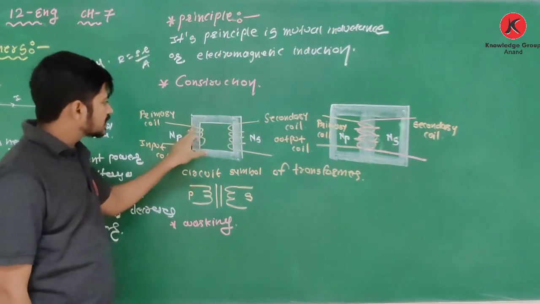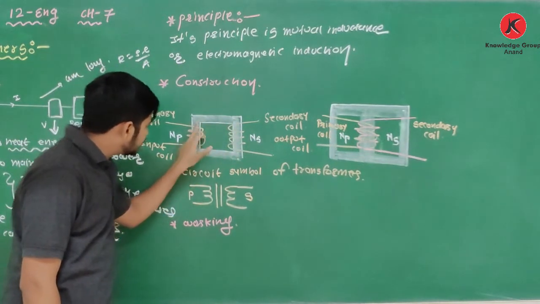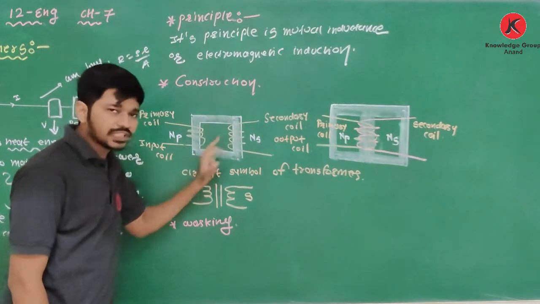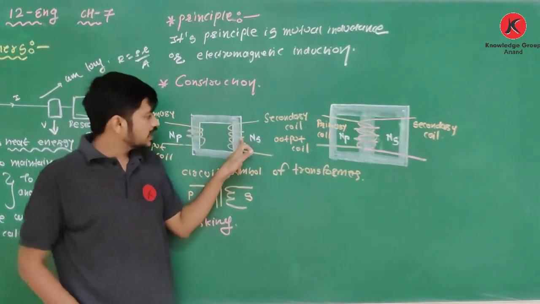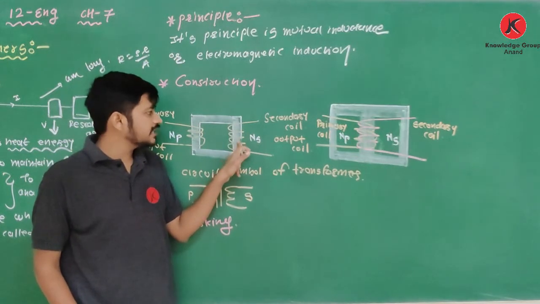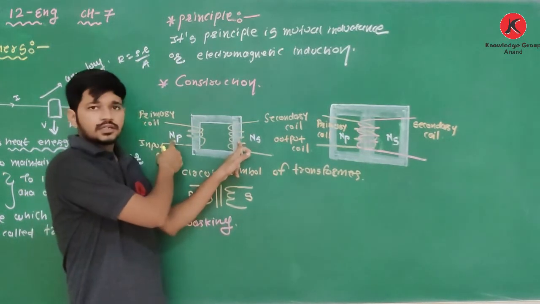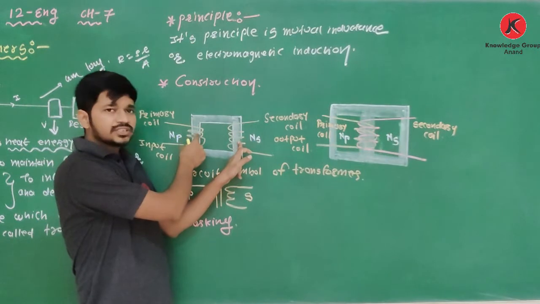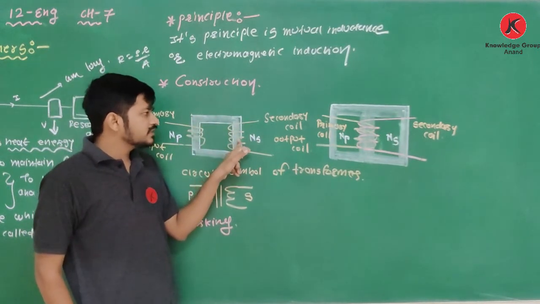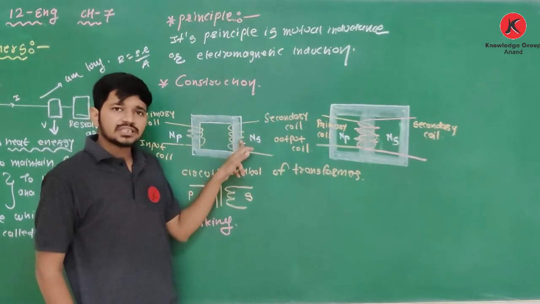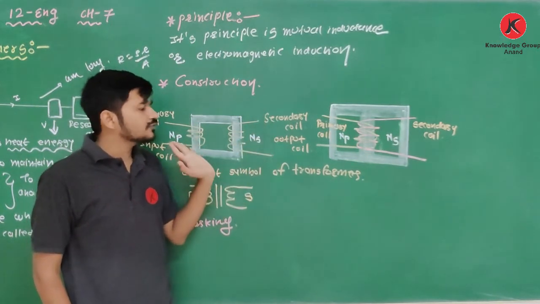That magnetic flux through the core is linked with the other coil, the secondary coil. So as the AC current changes, the magnetic field changes, and the magnetic flux changes. So there is also a change in magnetic flux linked with the secondary coil. Due to the change in flux, EMF is induced between the two ends of the secondary coil.